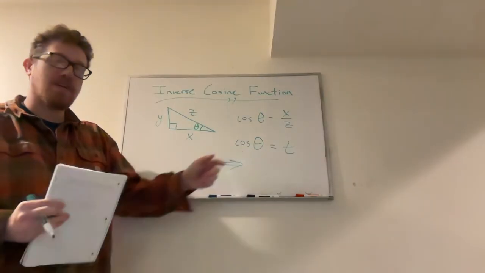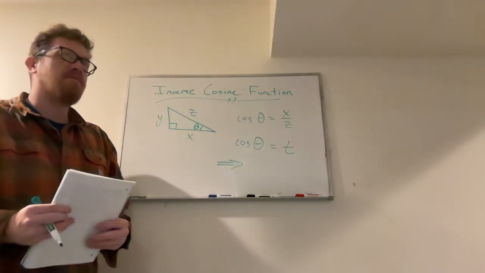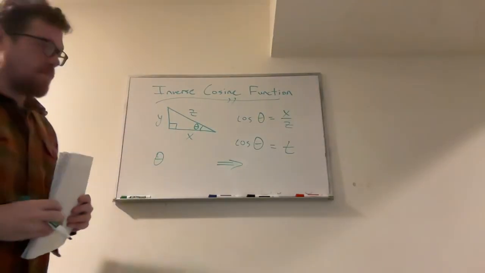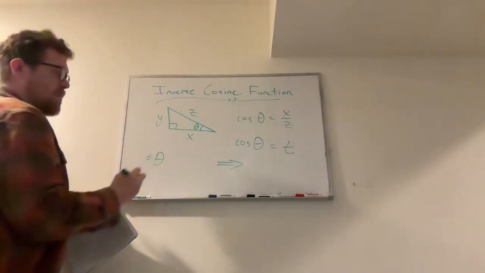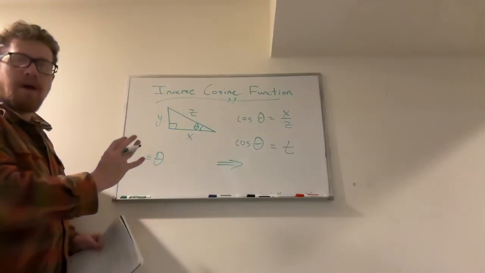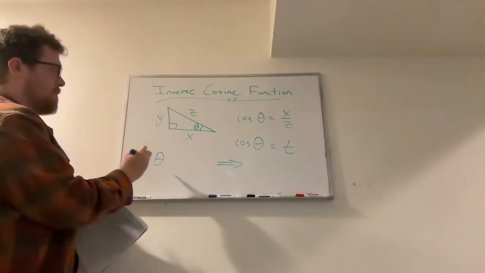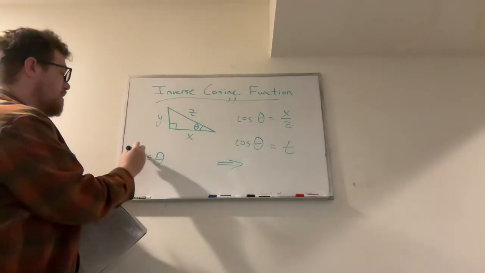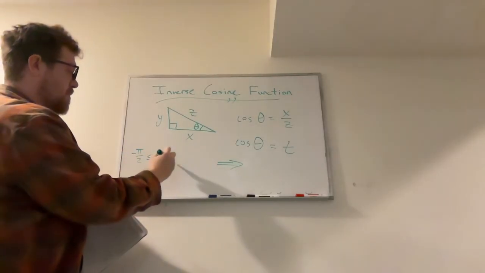And so that restriction, I forget what the book says, but you can obviously restrict it on any 2 pi period, but I believe they do, now I'm going to mess it up. Negative pi over 2 to pi over 2?